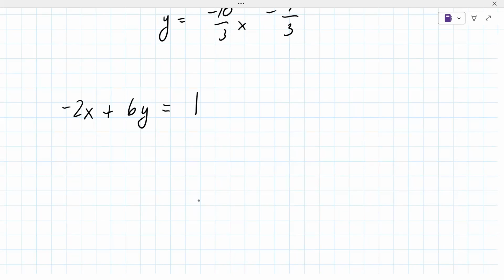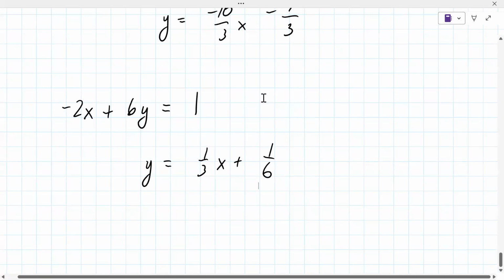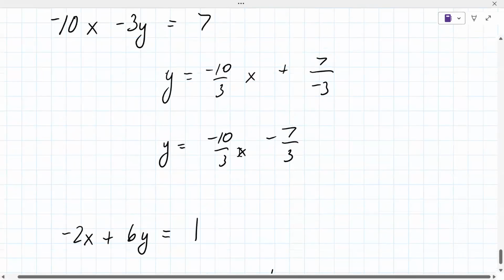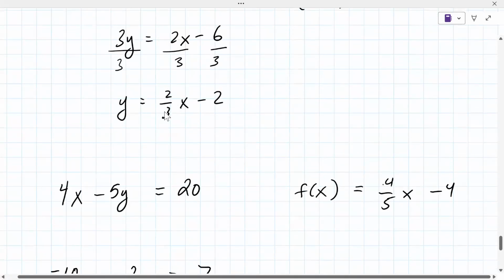I got y is equal to 1/3 x plus 1/6. Good. But sometimes they don't have the same fraction bottoms. These ones they did. Sometimes they work out where one divides but not the other. Yeah. Oh, fantastic.